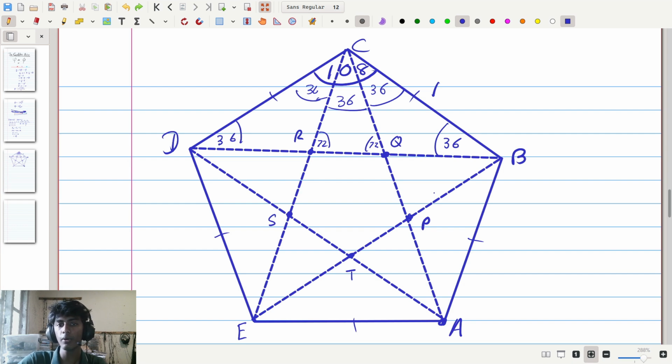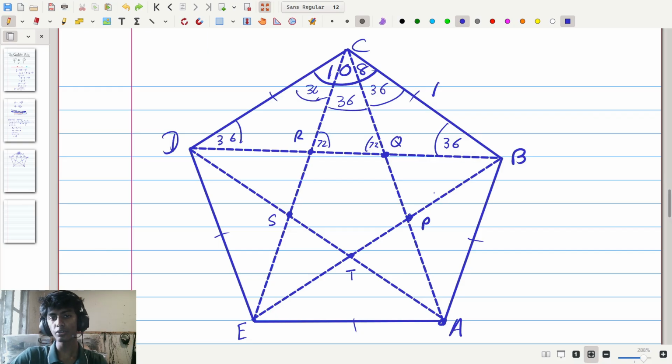So first off, I want you to make an observation about this angle here, and the triangle BCR. Considering triangle BCR, tell me what you see. Well, over here we have 72 degrees total, 36 plus 36 is 72. This angle is also 72. So therefore this triangle must be isosceles.